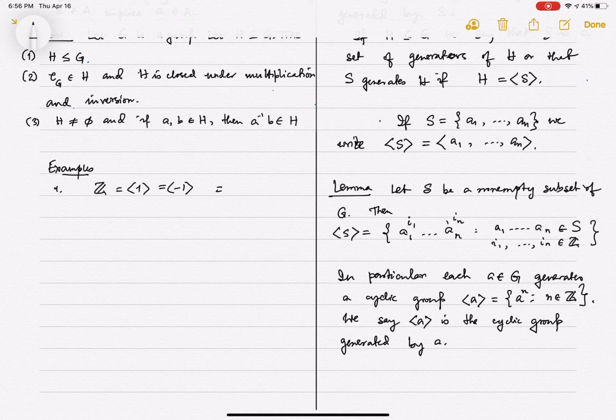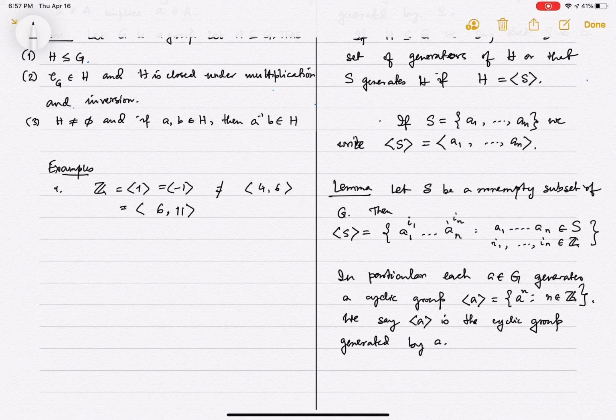If you just take the subgroup generated by, let's say, 4 and 6, you're not going to get all of Z. But if you take the smallest subgroup containing 6 and maybe 11, then you're going to see all of Z. So you can check that a bunch of numbers are going to generate Z if and only if their GCD is 1.